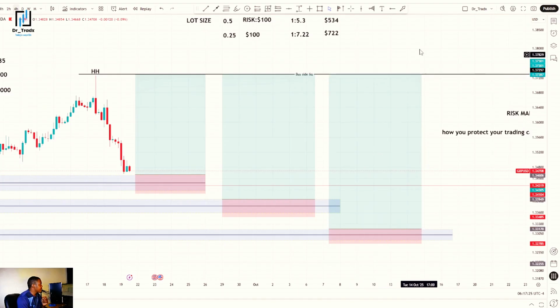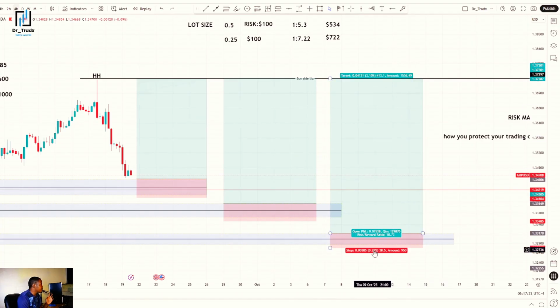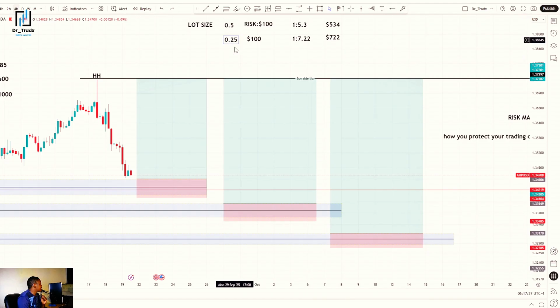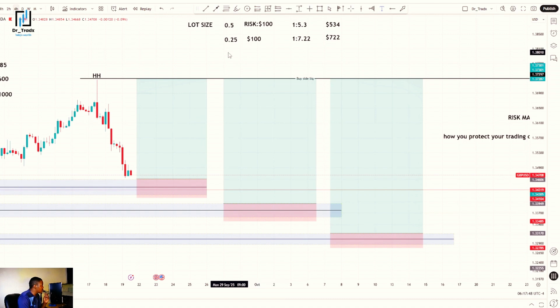Now what do I do? Remember, I'm willing to risk 100. What do I do? I increase my lot size. Since the distance between here and here is $50 at a lot size of 1, and I want to lose 100, I times it by 2. So I'm going to use a lot size of 2.